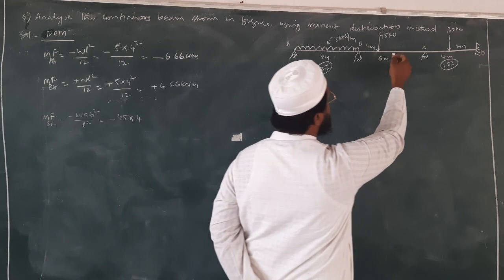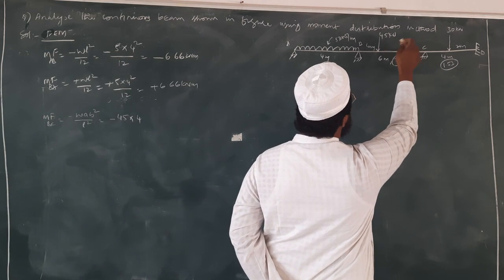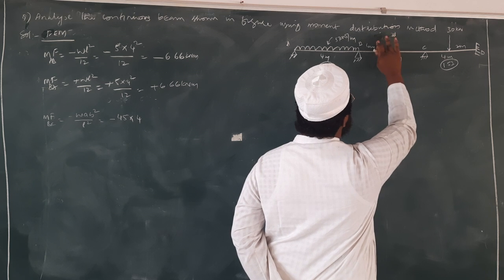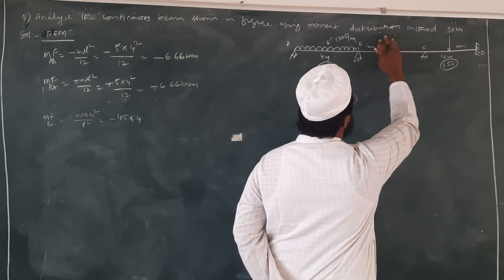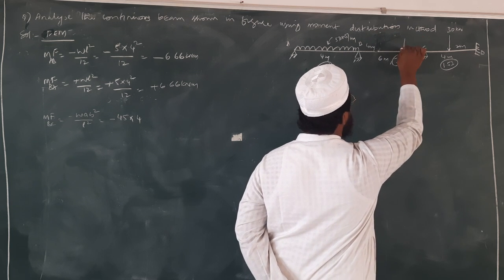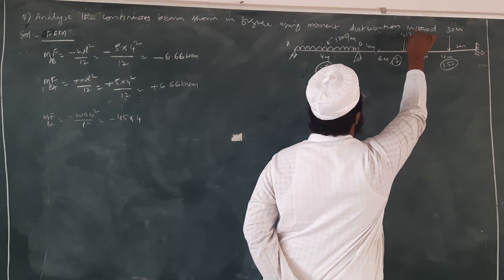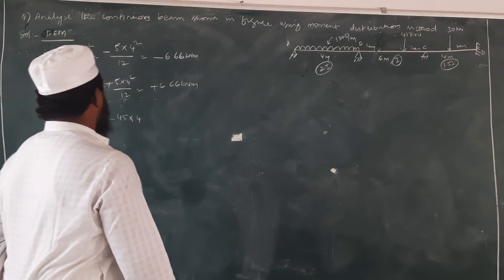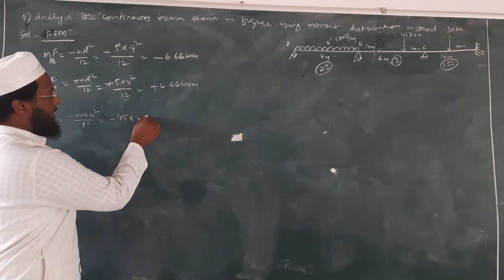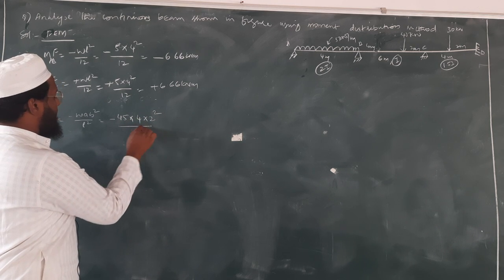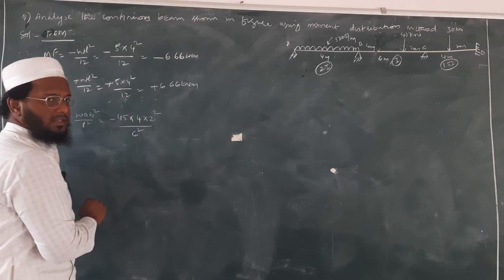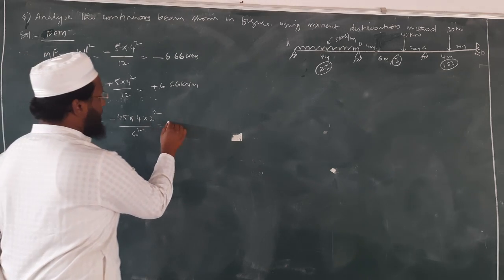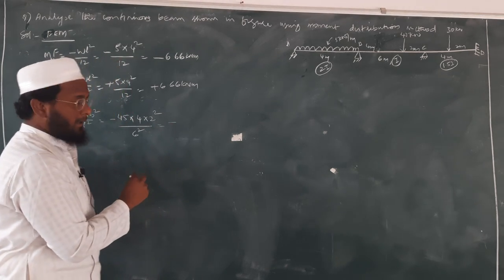What about this one? So this one should be more, no? One minute. I have drawn very close. So this is 45 kilonewton, okay? So this should be 2 meter. Now 45 into 4 into 2 square divided by 6 square. Tell me the value. Minus 20 kilonewton meter.